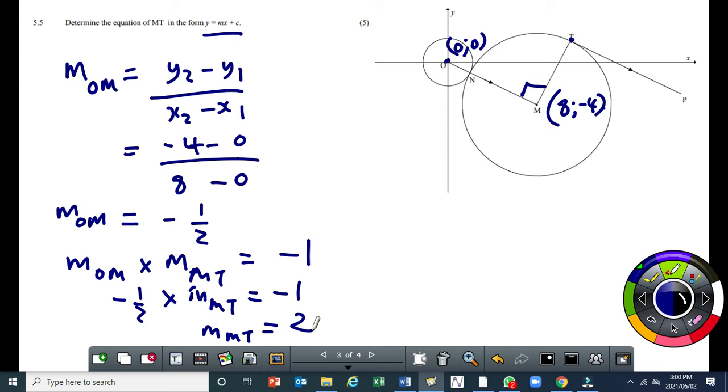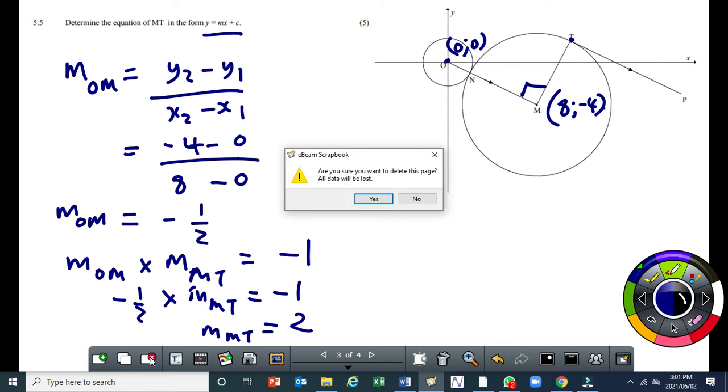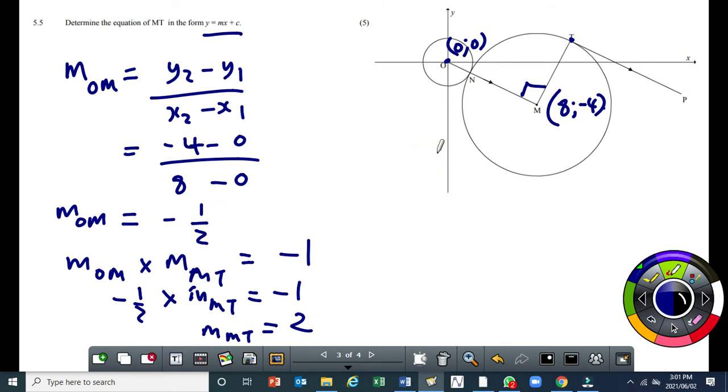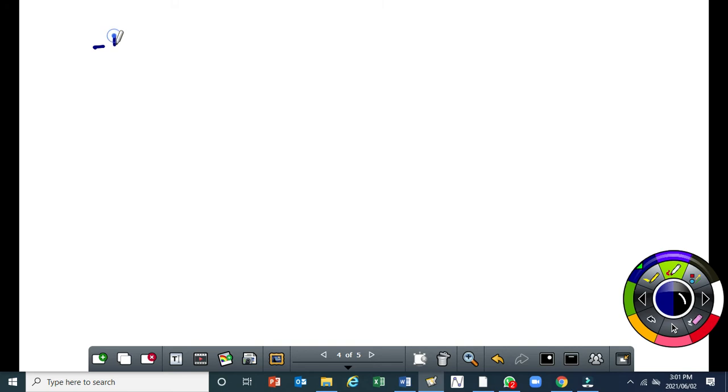Then I can use point M to find the equation. Yes? Look here, let me take you to this formula. If you have minus a half times m MT equal to minus 1, that's the equation we have.